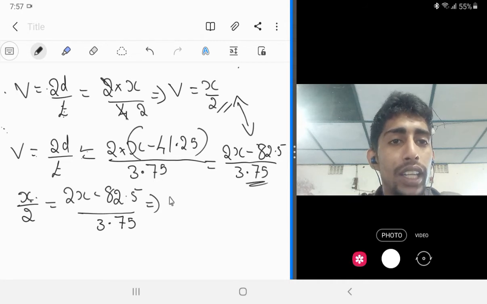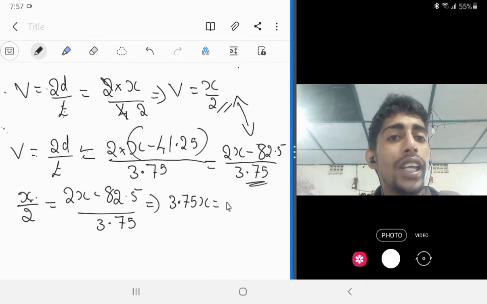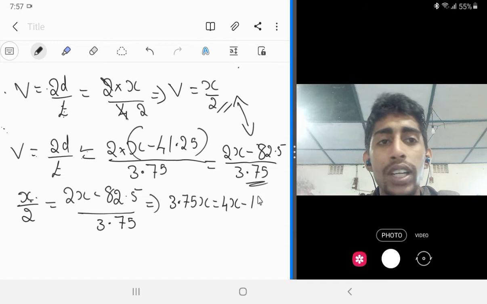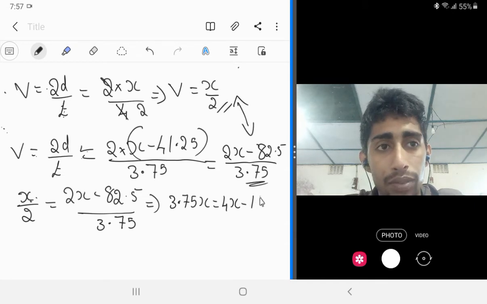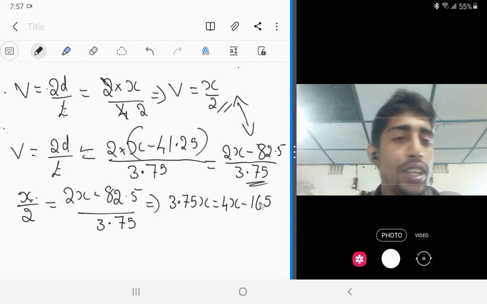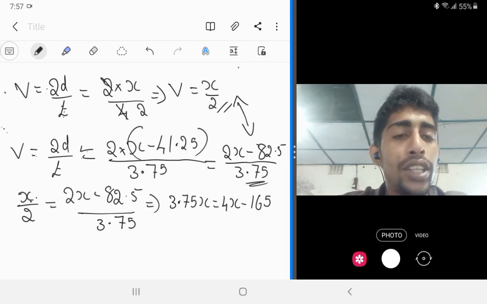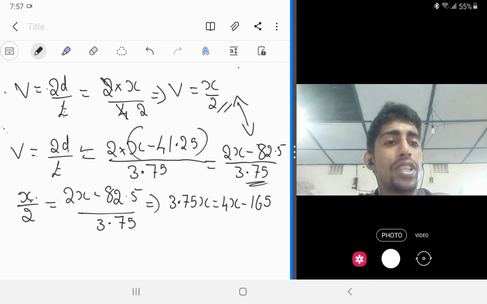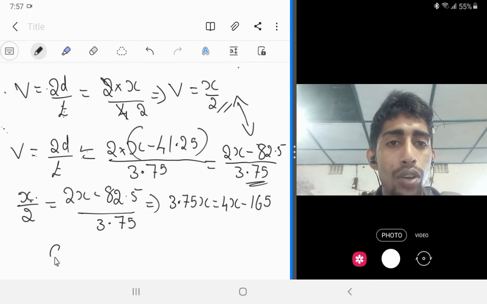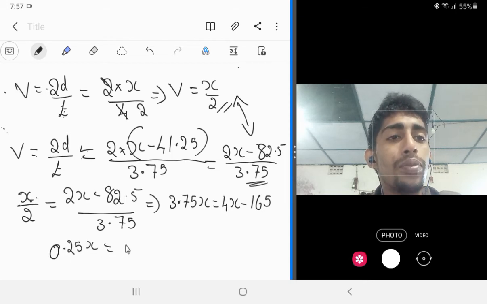Then if you cross multiply, we will get 3.75x is equal to 4x minus 165. We get 165 because 2 into 82.5 is 165. Then we will get 0.25x is equal to 165.